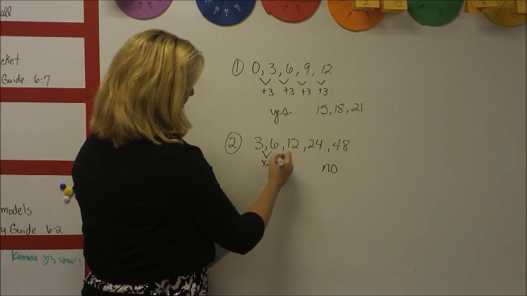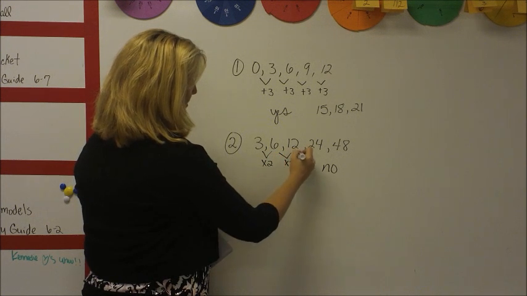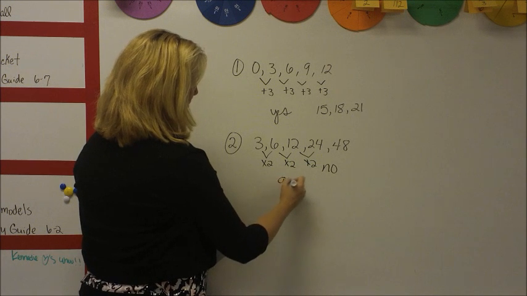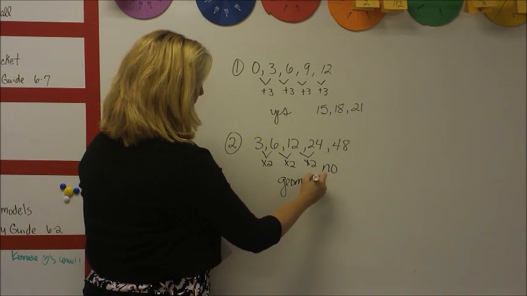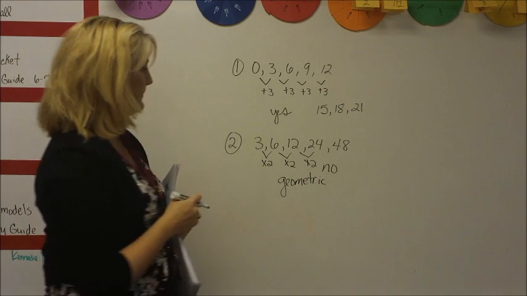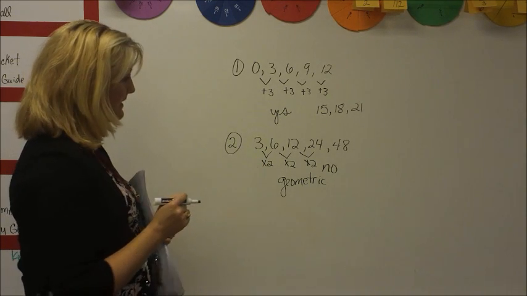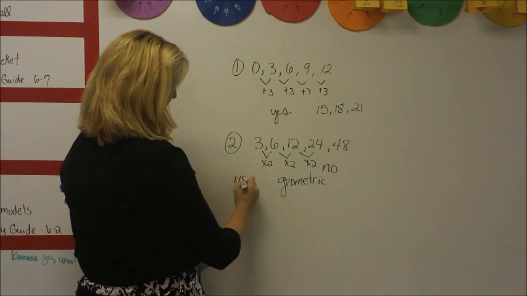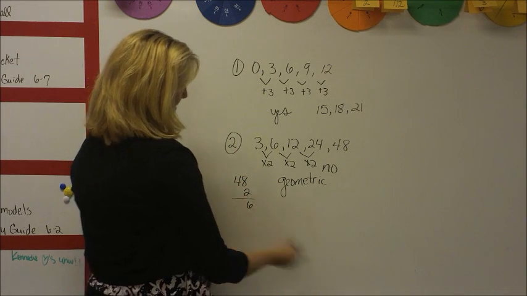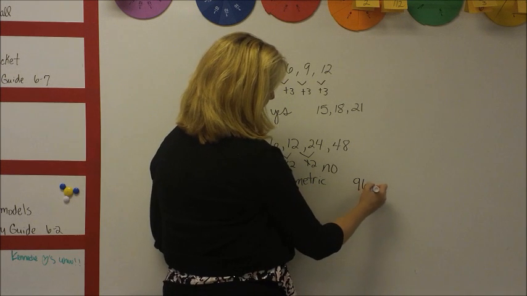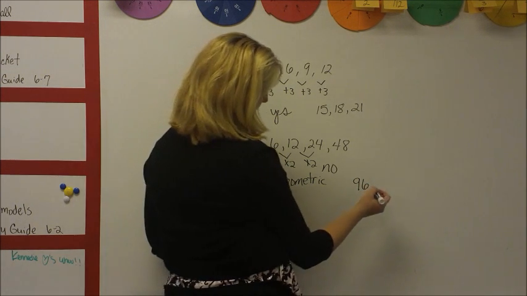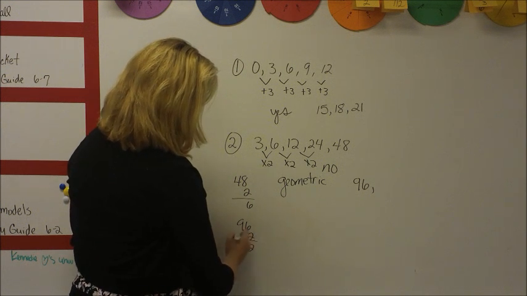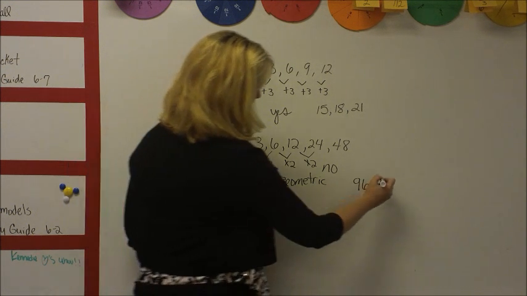We're multiplying by 2 every time. So what actually would it be? It would be geometric because we're multiplying by the same number every time. Okay? I can still list the next 3 terms. 48 times 2 is 96. 96 times 2 is, what is it? 192.